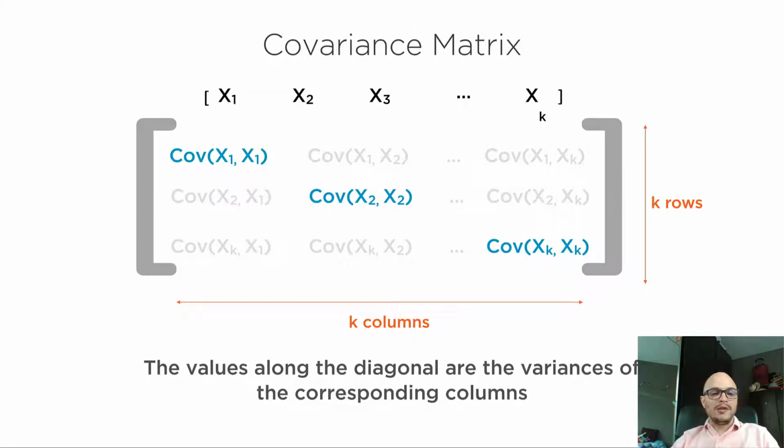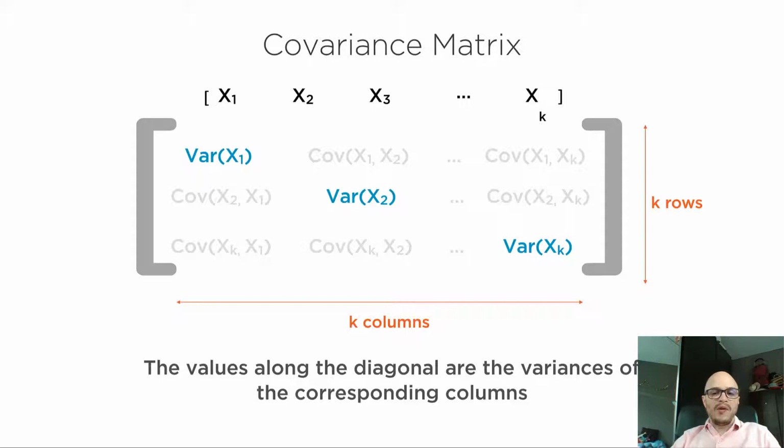Along the diagonal of the covariance matrix is the covariance of every variable with itself, which, as we know, is just the variance of the corresponding columns. So a better way to represent this covariance matrix is that along the main diagonal we have the variance of each individual variable x1 through xk.